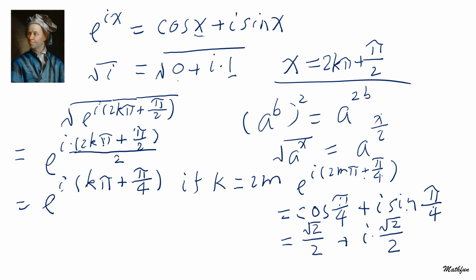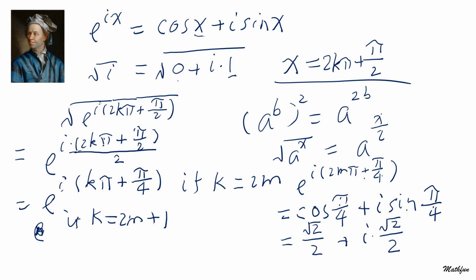Now, if k is an odd number, meaning it's equal to 2m plus 1, we put that into the Euler formula again.